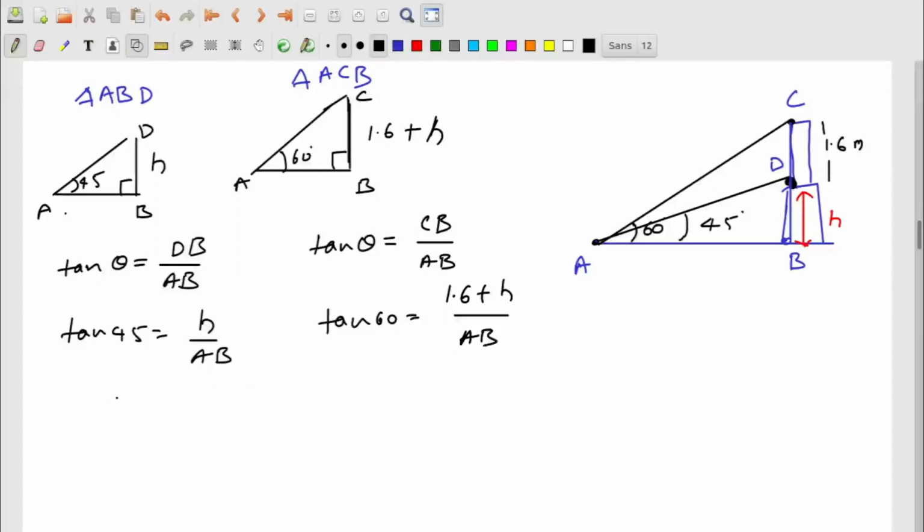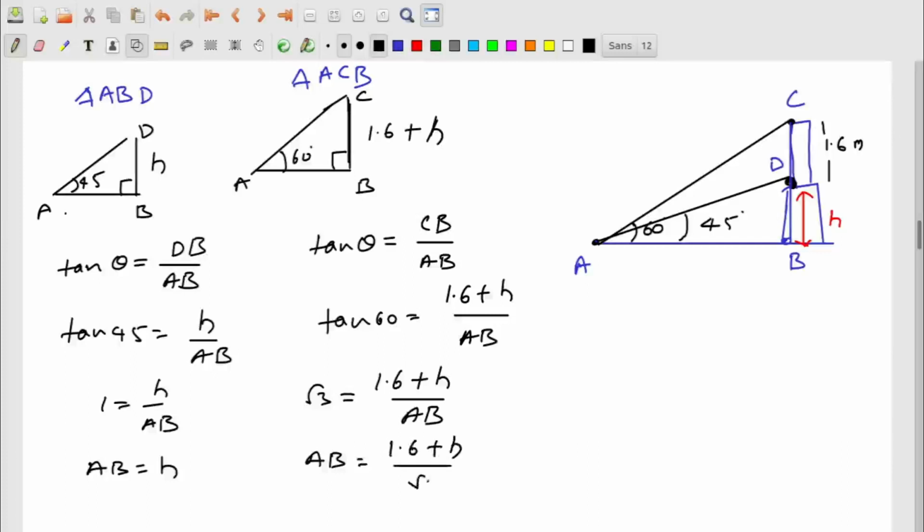Tan 45 is 1, so 1 is equal to h by AB, and tan 60 is root 3, which is equal to 1.6 plus h divided by AB. So AB is equal to h, and if you cross multiply, AB is equal to 1.6 plus h divided by root 3.